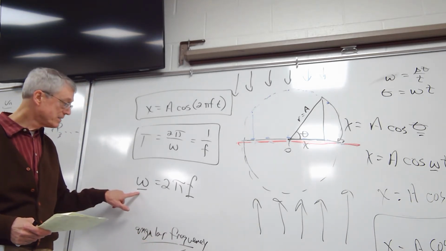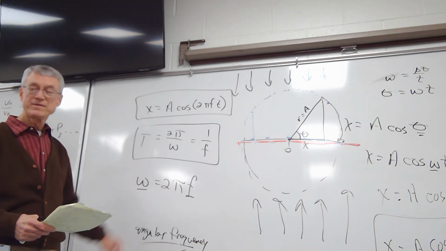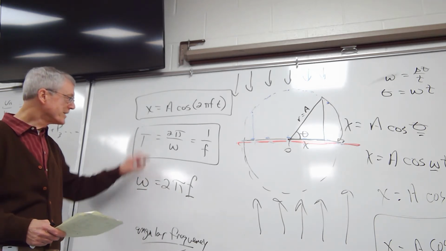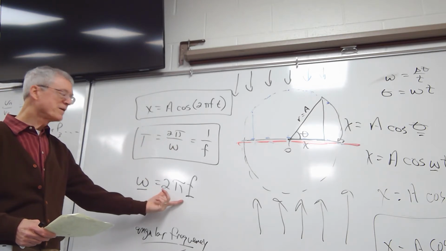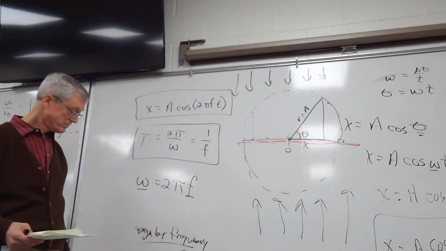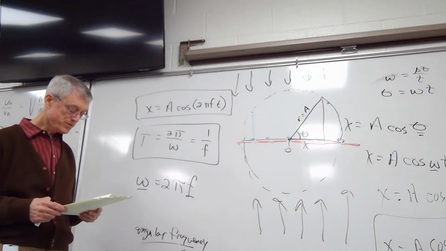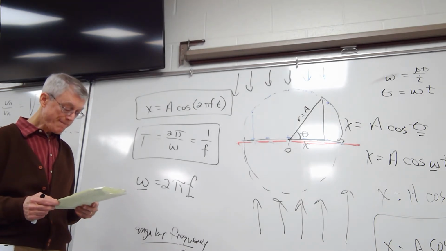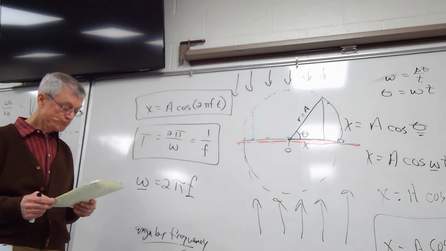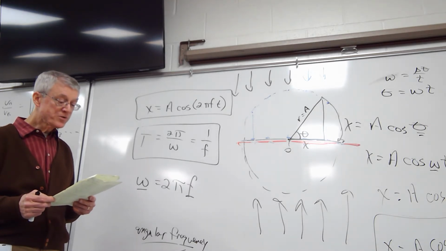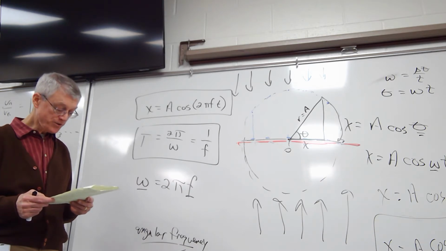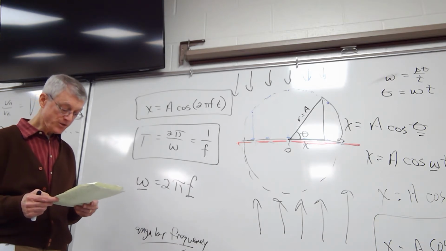That's what I'm telling you now. But omega is 2 pi f, and you can get that from up here. But if you just remember it's 2 pi f, it'll be easier for you. So that's angular frequency, 2 pi f. And those are the equations I would know if I were you from this little talk. Glad we've had this talk.